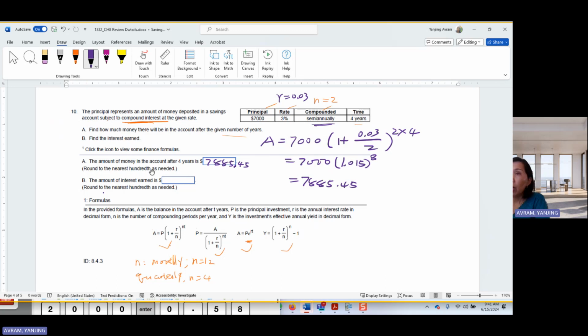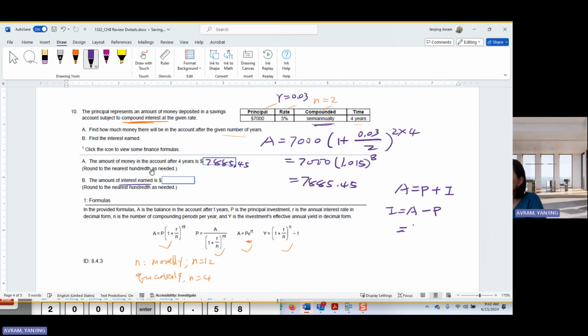All right, the amount of interest earned. Unfortunately, for compound interest, we don't have a formula to calculate interest by itself. But we are going to use total amount equals the principal plus the interest. So for the interest, we use the total amount minus the principal. This formula can be used for anything, for both compound and simple interest.